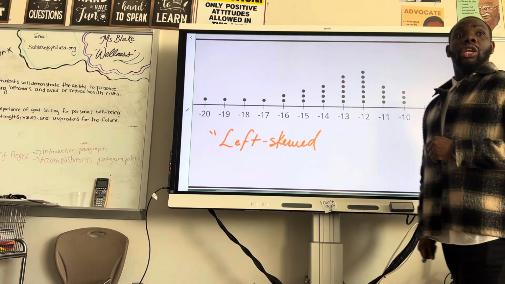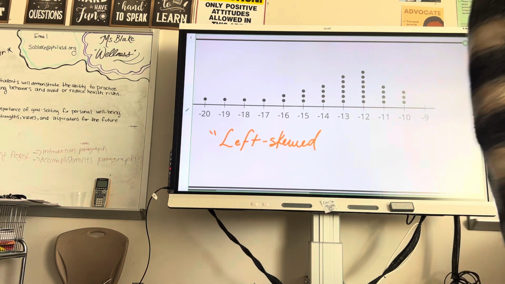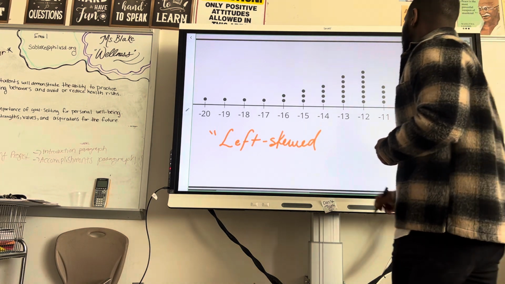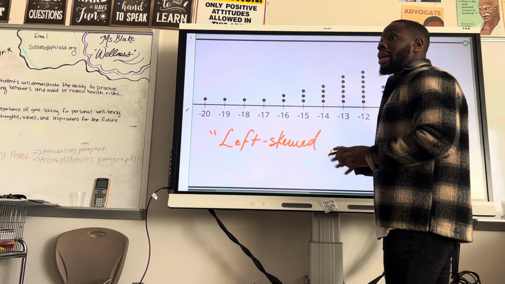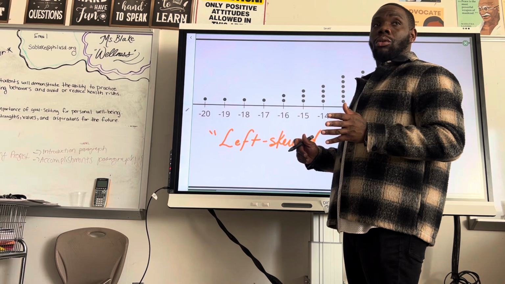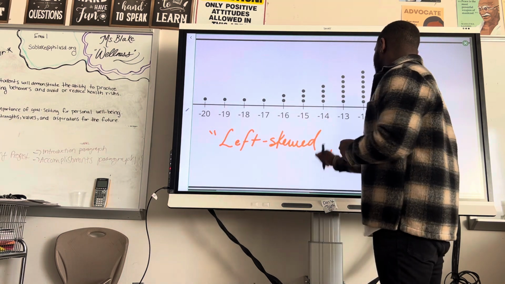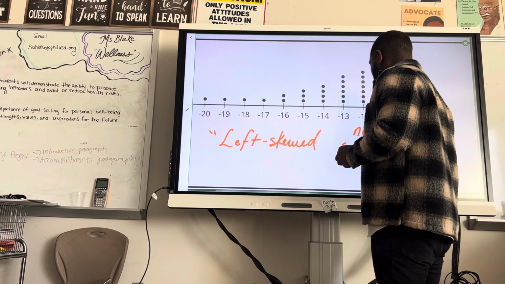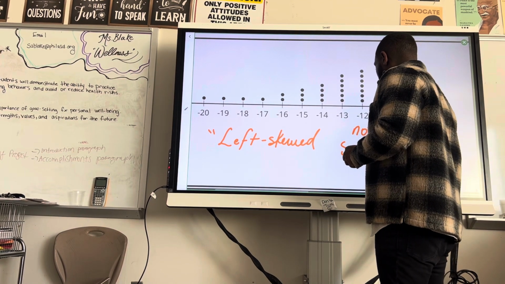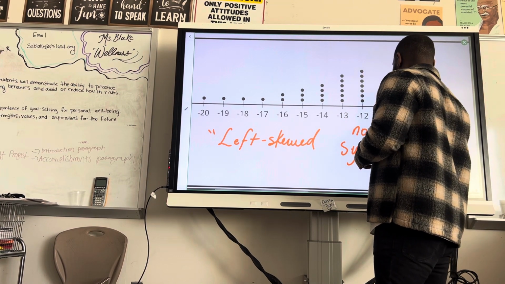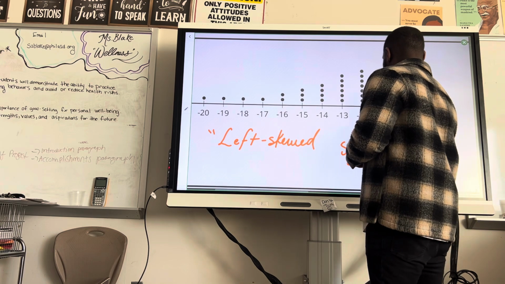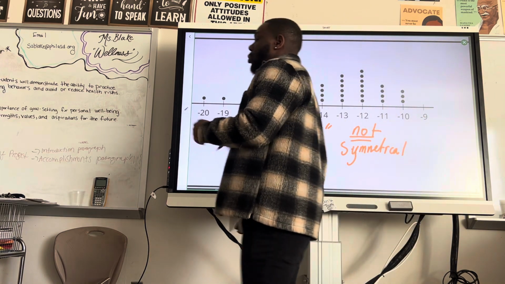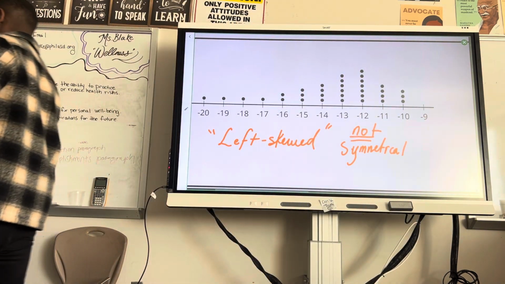Skewed graphs are inherently non-symmetrical. Make sense? So we're gonna say asymmetrical, non-symmetrical, or not symmetrical. Right now we're gonna keep it simple. This is not symmetrical. I want y'all to overlay a not, and I want y'all to put emphasis on the word not, okay?